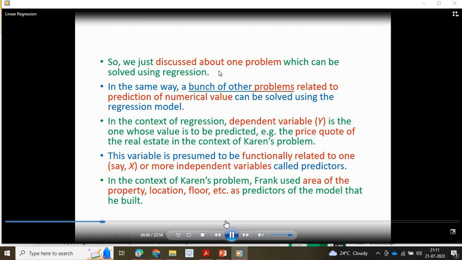This is one example. The real estate price prediction problem is one of the good examples for a regression model.